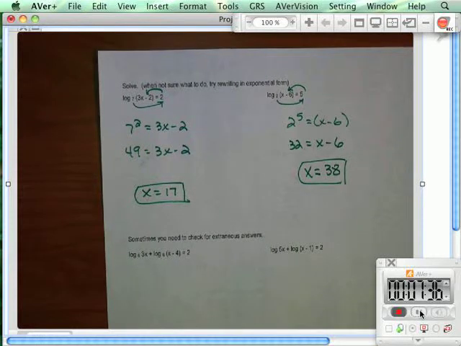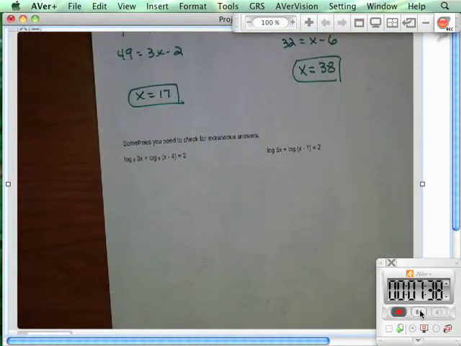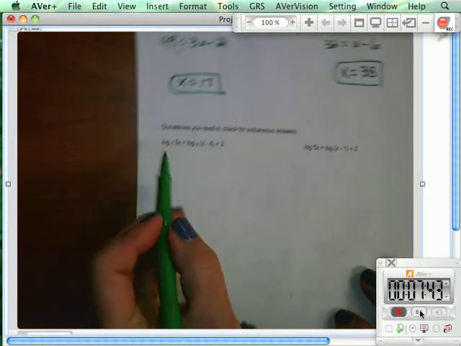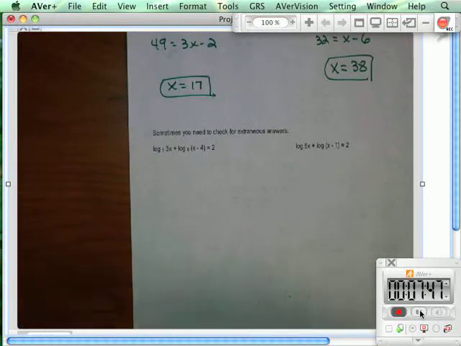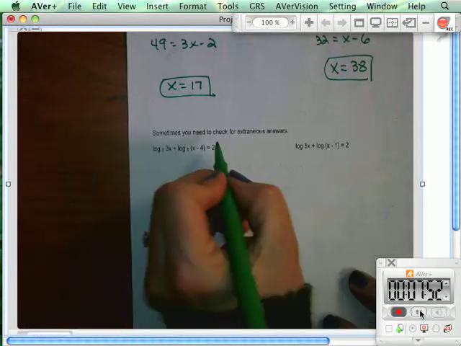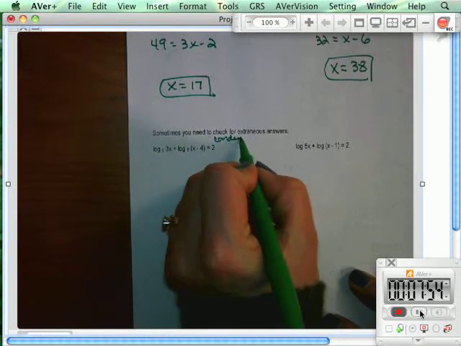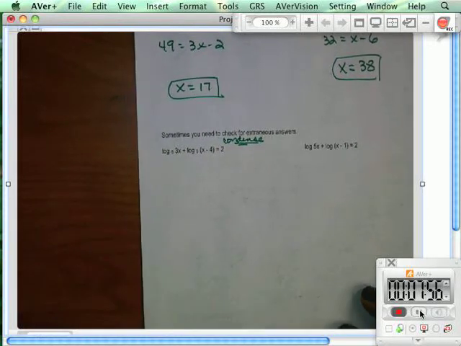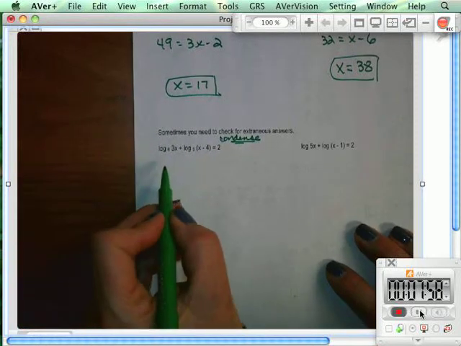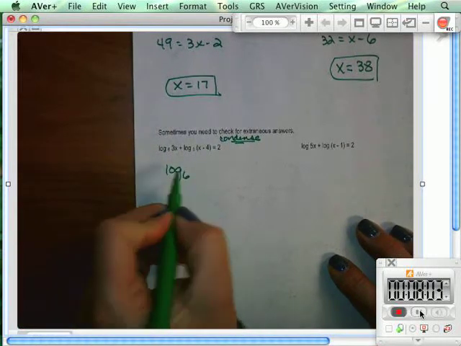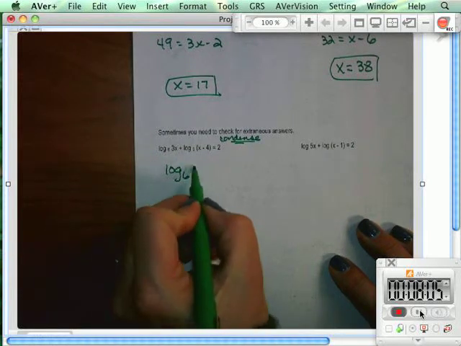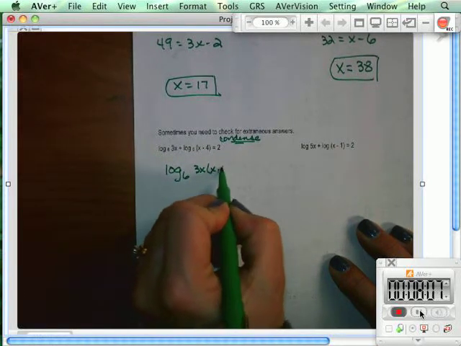Okay, it gets better. All right, sometimes you need to check for extraneous answers. So what you got to do here is, if you're looking at log functions and you have a plus here, you should probably think about the properties and condense. Okay, and let's see if that helps. Condense. So I'm going to write it as log base 6 of 3x times x minus 4 equals 2.